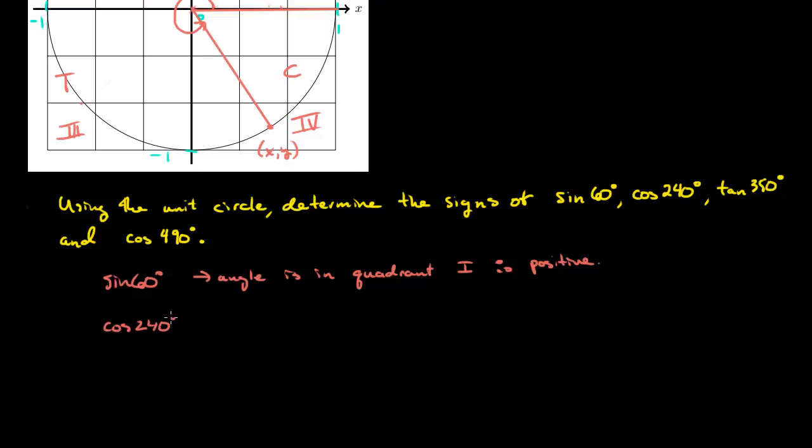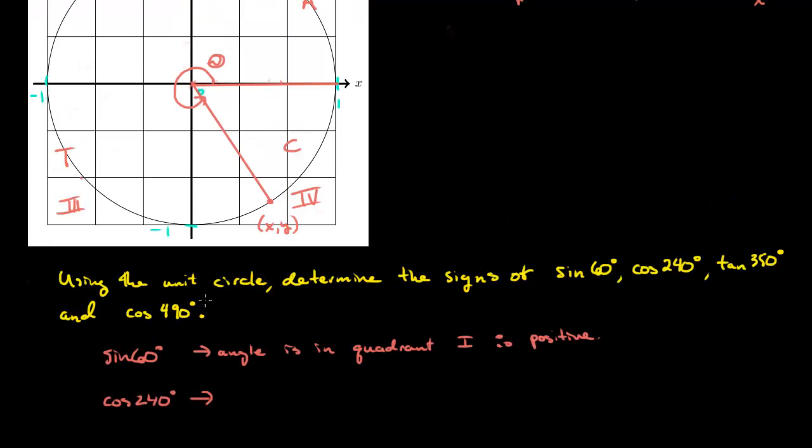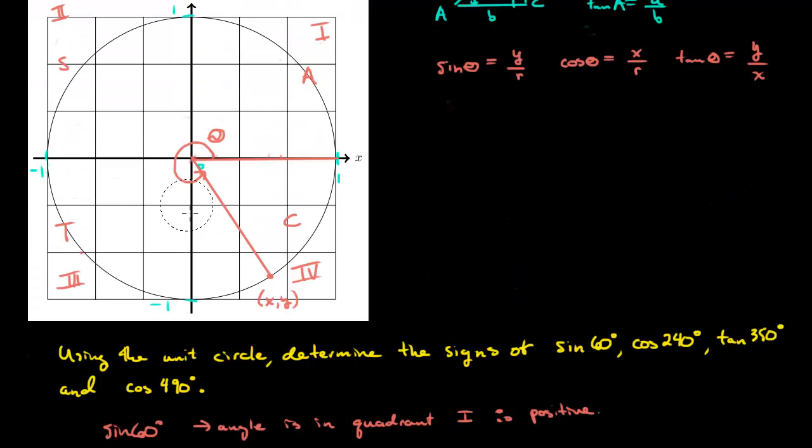Cosine of 240 degrees, what quadrant would that be in? Well, let's look. Let's redraw this. 240 degrees, let's see, this is 180. When the terminal arm is drawn to -1 on the unit circle, that's 180 degrees.